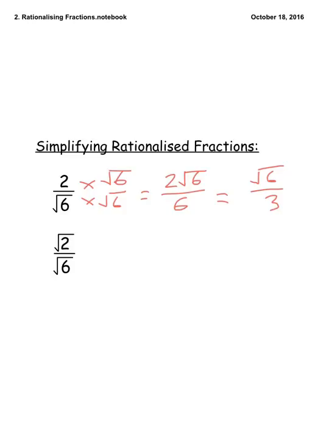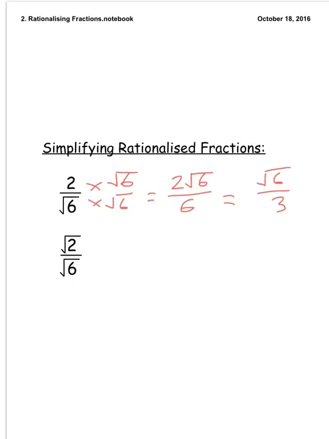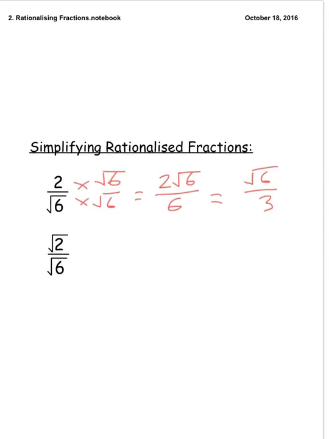For the second example, what I'm going to do is split up the √6 that is on the bottom of the fraction first. Okay, so I'm going to say that √6 is equal to √2 times √3. Because there's a √2 on the top and bottom of my fraction, I can simplify my fraction to 1 over √3.